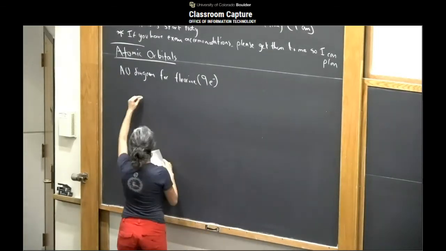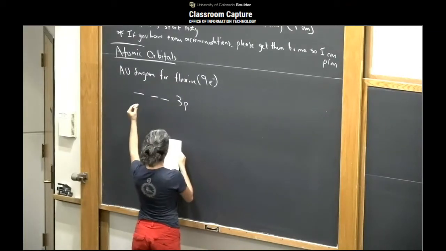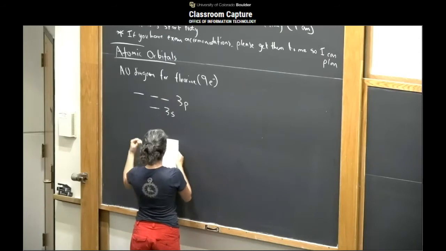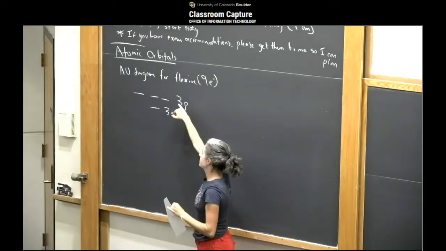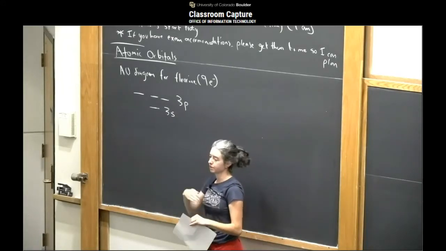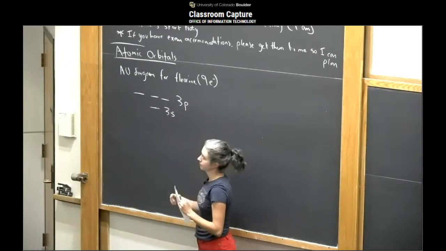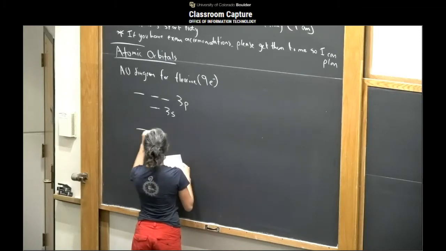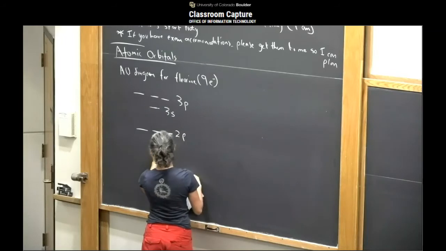We're only going up to the principal quantum number 3 orbitals, so 3s and 3p. I'm not bothering to get up into the d orbitals, where things start getting complicated, where it's not all just the 1s together and the 2s together and the 3s together. For our purposes, we're not going to get high up in the periodic table that we need to worry about that complication just yet.